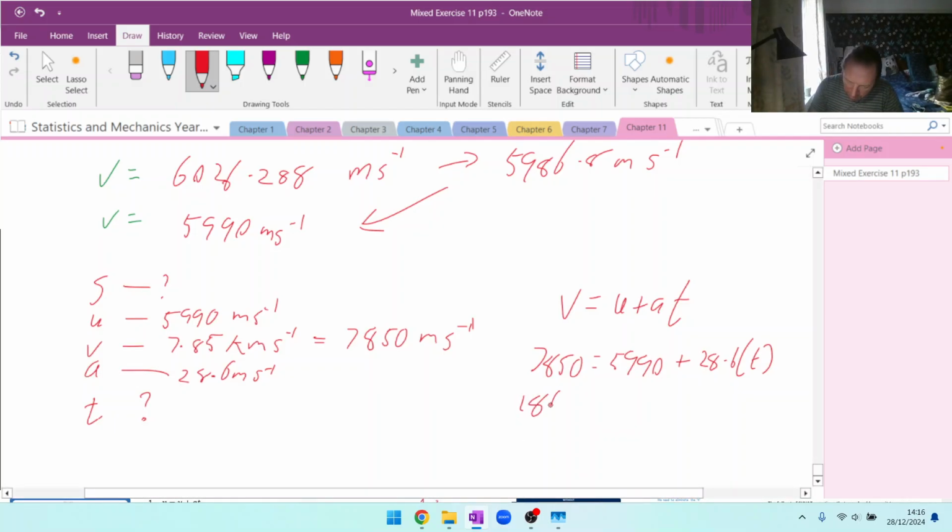So we've got 1860 divided by 28.6 gives us 65.034 seconds. That's how long it takes, but we need to do that plus the 446 seconds because that's how far it is, plus 446 means it calculate the time at which the space shuttle cuts its main engines.